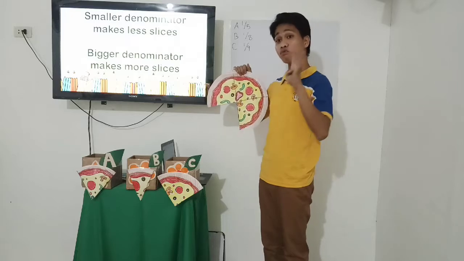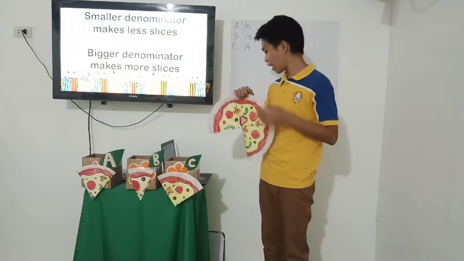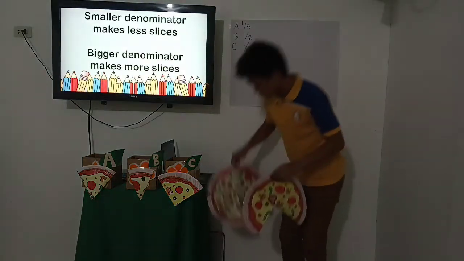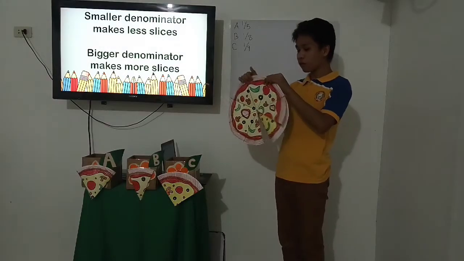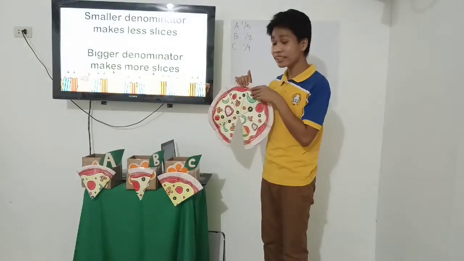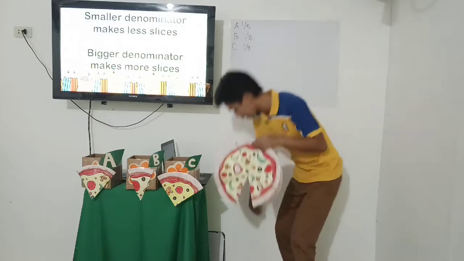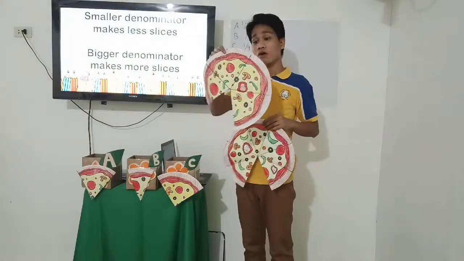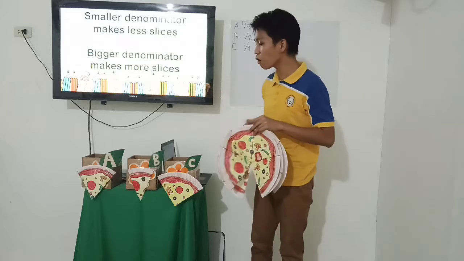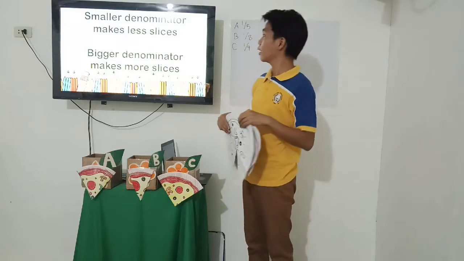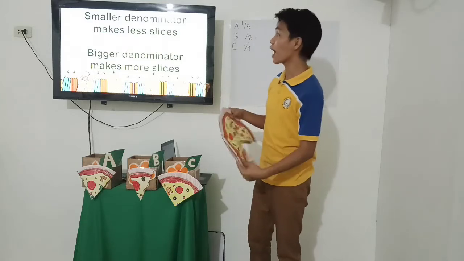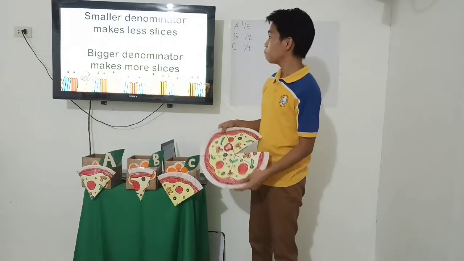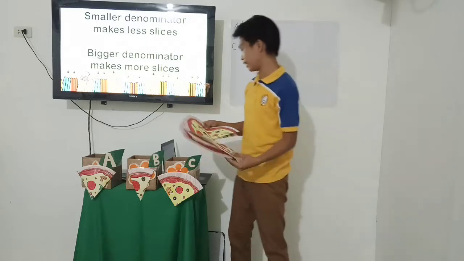Therefore, we make 4 slices. And for our 1/8 pizza, we've made 8 slices. And in our 1/5, we have 5 slices. Therefore, if we have a smaller denominator, we have fewer slices.